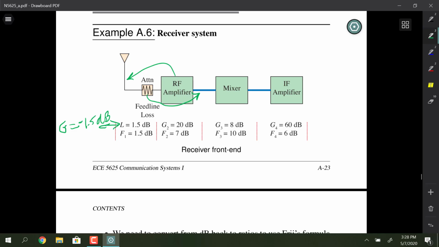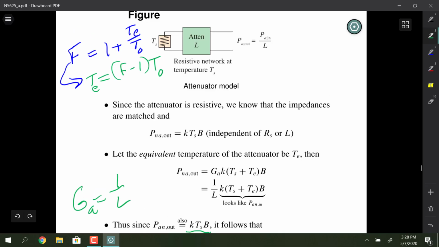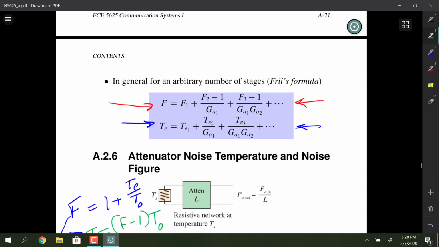And then the noise figures are all given in dB. Well, the thing about Friis's formula is all the values here are ratios.